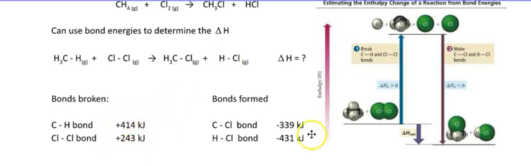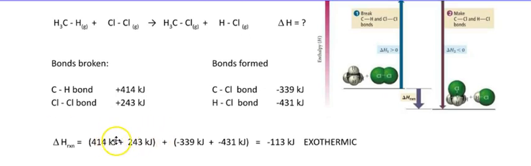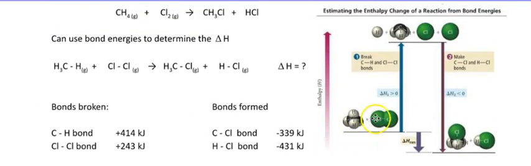So bonds broken, bonds formed. So here we add the summation of the bonds being broken, added to the summation of the bonds being formed. Notice that the negatives are here to get negative 113 kilojoules of energy. So here's my bonds breaking, here's my bonds forming, here's the difference, okay?